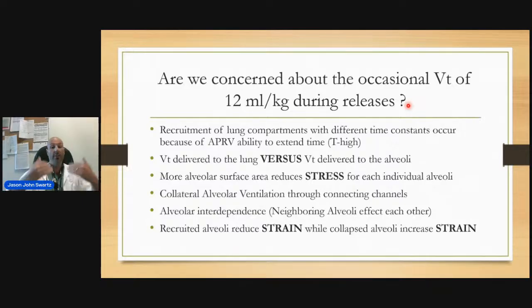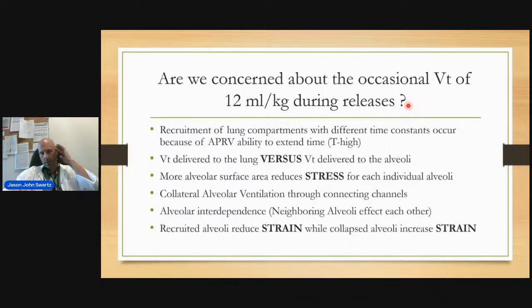So usually during conventional ventilation, very little communication is occurring between these channels within the alveolar units, because it's just too short. It's like 0.7 seconds before you know it, we're expiring, and then the next breath is coming in. But you do have the capacity for collateral alveolar ventilation with APRV.